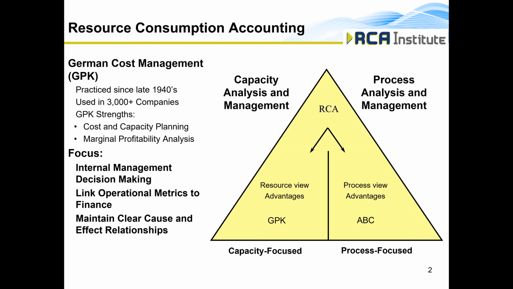GPK focuses on capacity and marginal cost. ABC focuses on the process view. The focus of resource consumption accounting is internal management decision-making. It focuses on linking operational processes and metrics to monetary information, and it seeks to maintain clear cause and effect relationships that you see in operations into the monetary view.